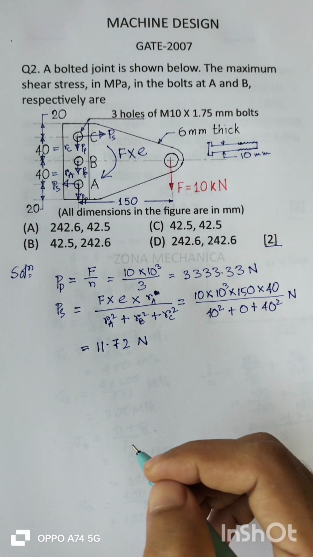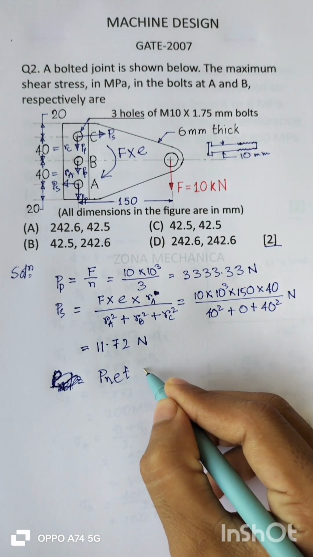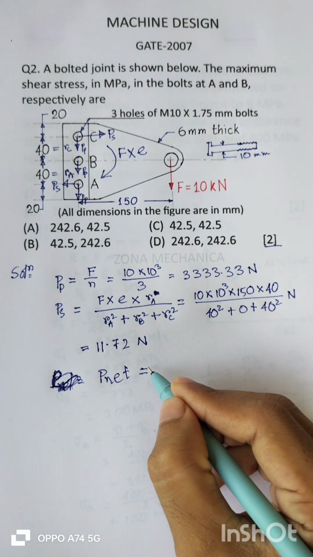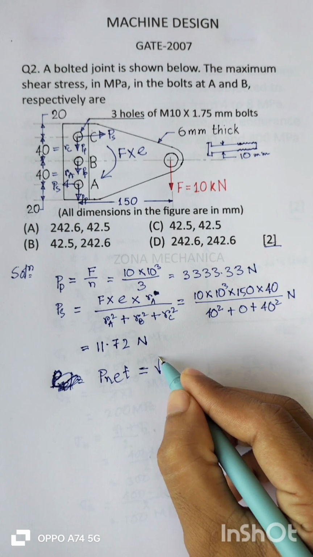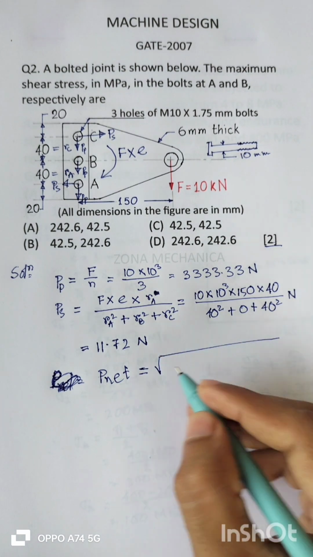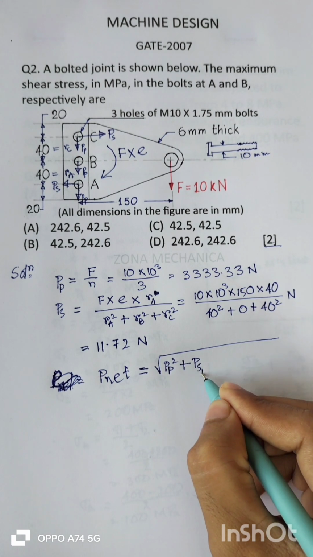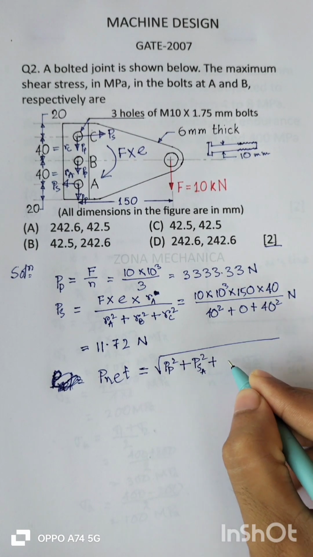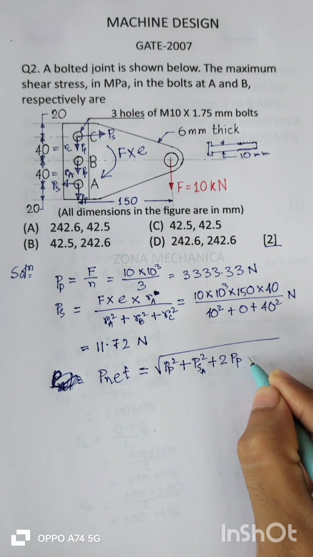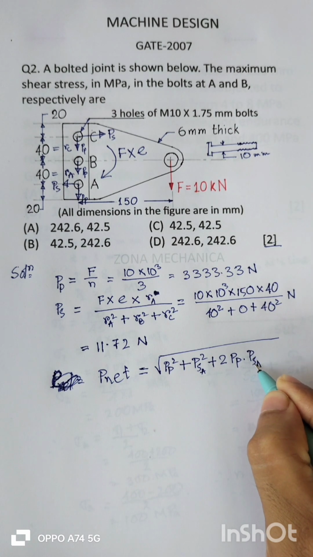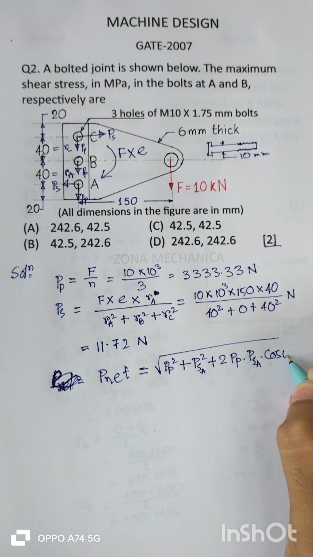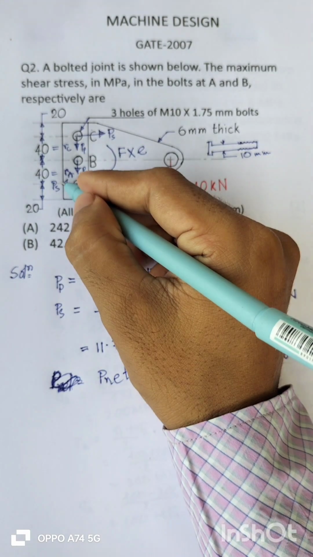Now P net will be root over of PP square plus PSA square plus 2 into PP into PSA into cos of theta, right? Where theta is the angle between PP and PS.